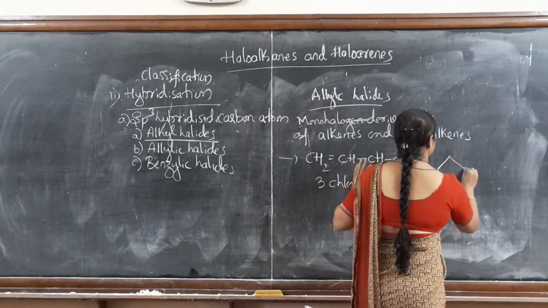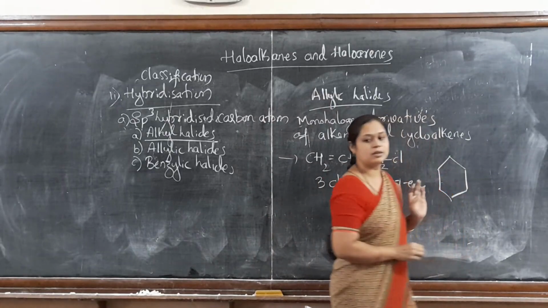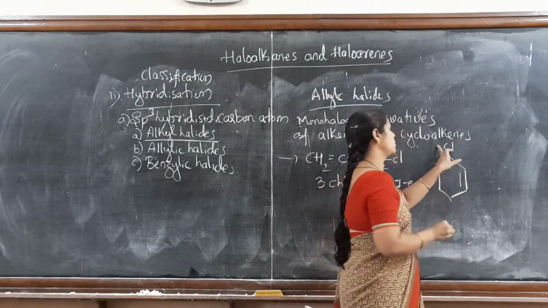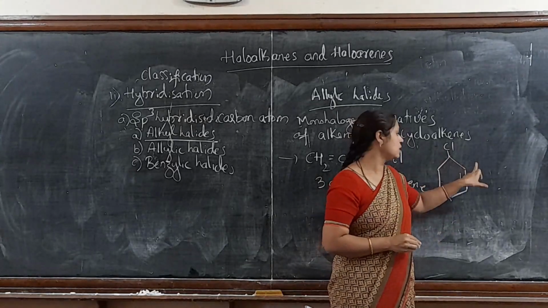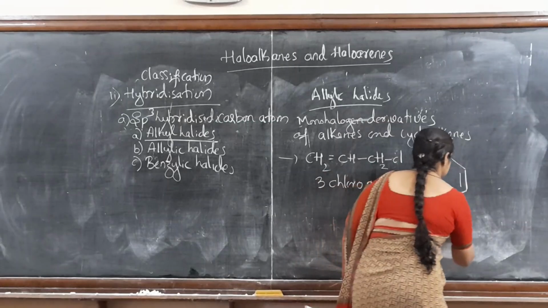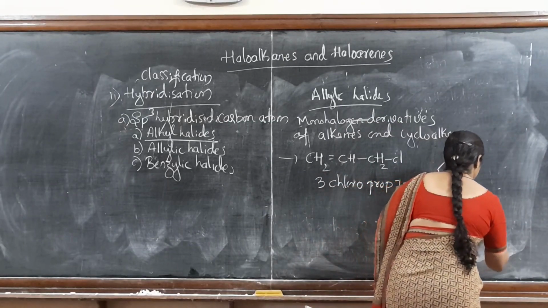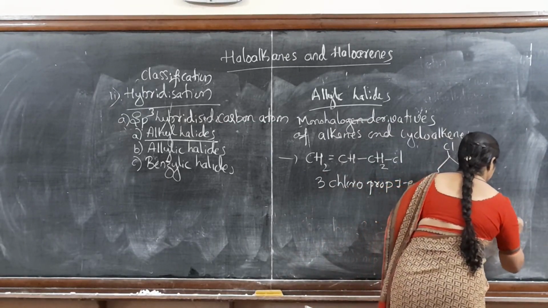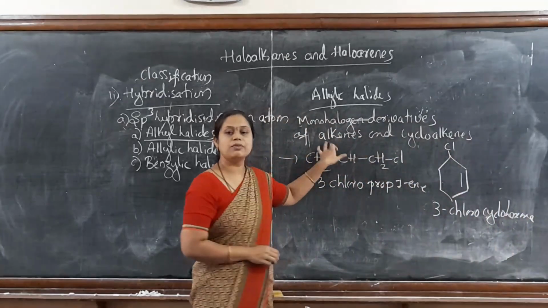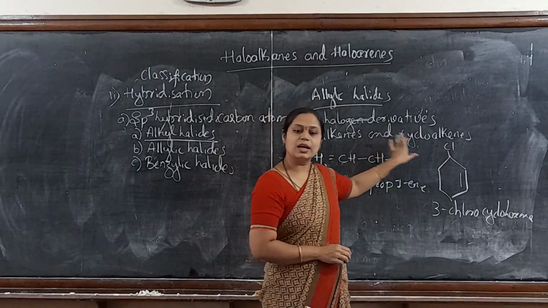Another example is a cycloalkene, where the halogen is attached to the carbon adjacent to the carbon containing the double bond. This is 3-chlorocyclohexene. So they are the monohalogen derivatives of alkenes and cycloalkenes.